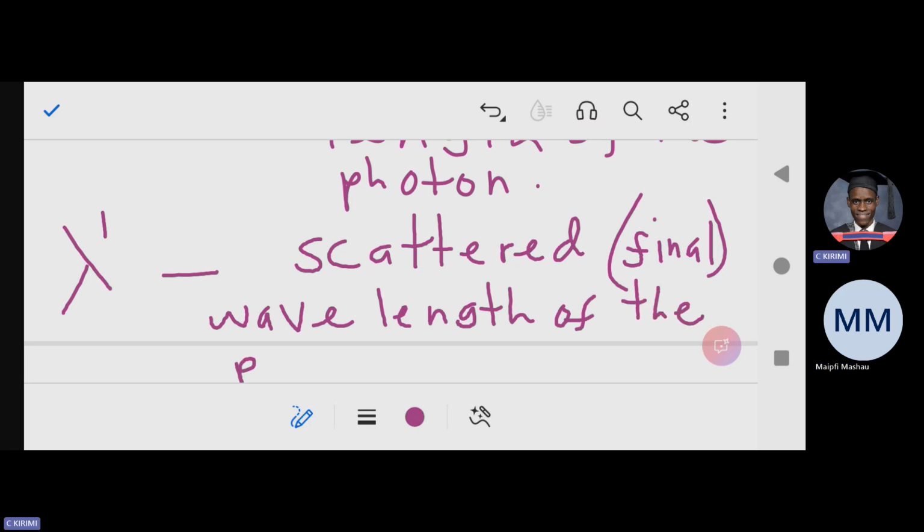And the photon is just what we refer to as packets of energy found in light.